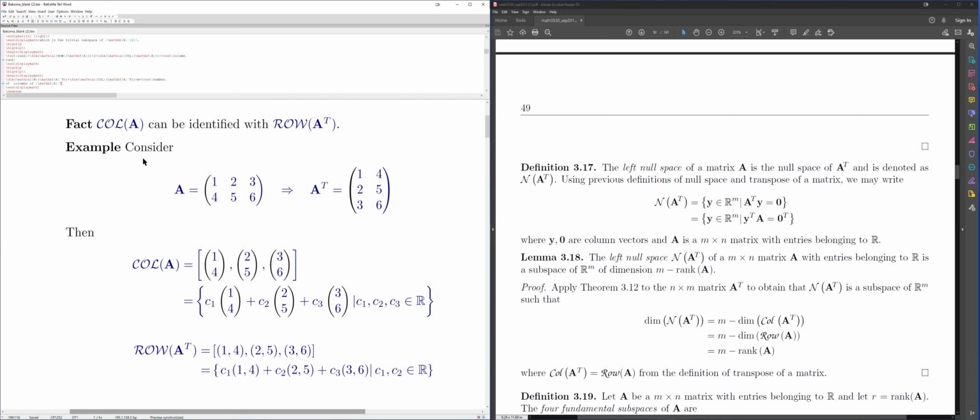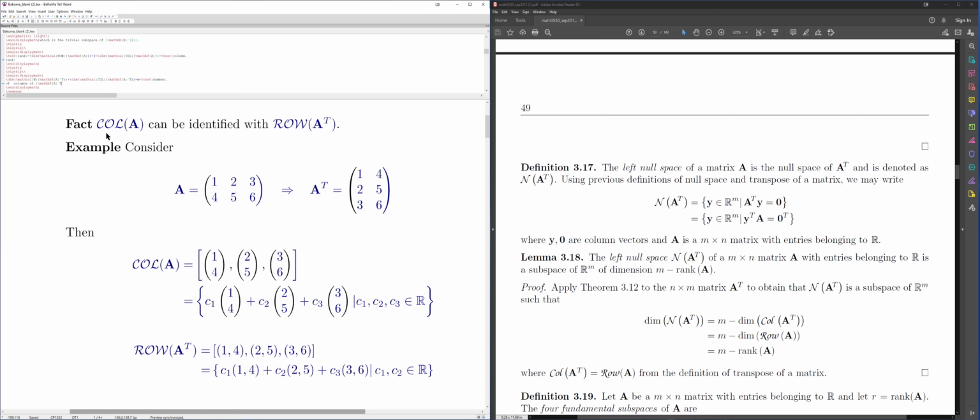Now, if I insert transpose into this, column space of A transpose you can identify with row space of A transpose transpose. So everywhere over here, I'm replacing A by A transpose. So the column space of A transpose I can identify with row space of A transpose transpose, which is row space of A.